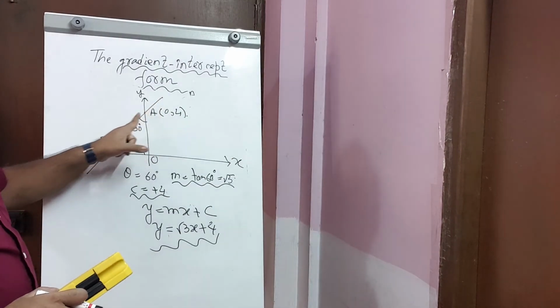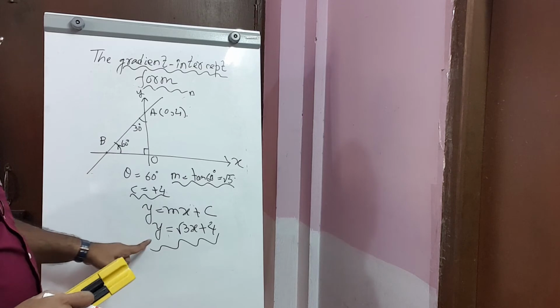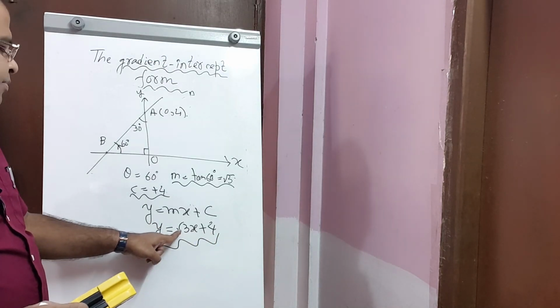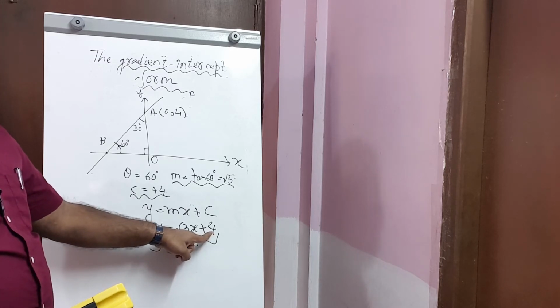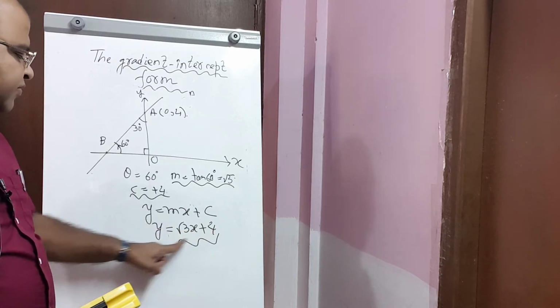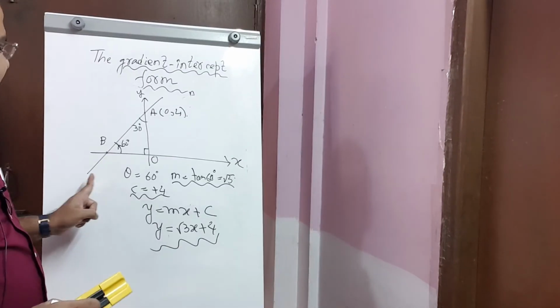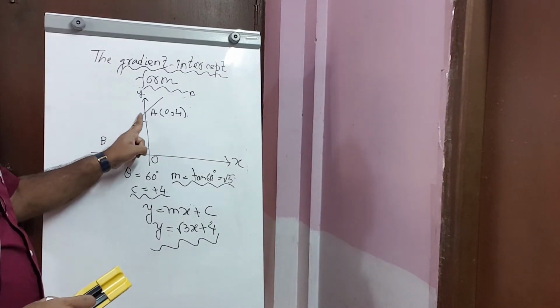That means each and every point on this line will satisfy such a property that the ordinate of the point will be √3 times the abscissa of the point plus 4. So this is the meaning of the equation of a line, that this is the common property which will be satisfied by each and every point on this line.